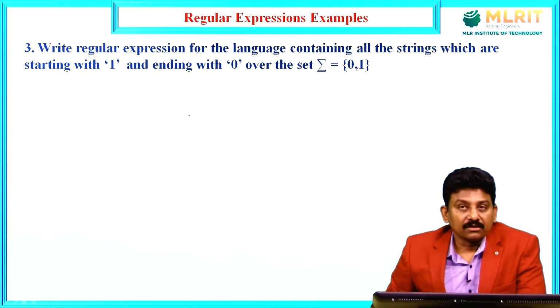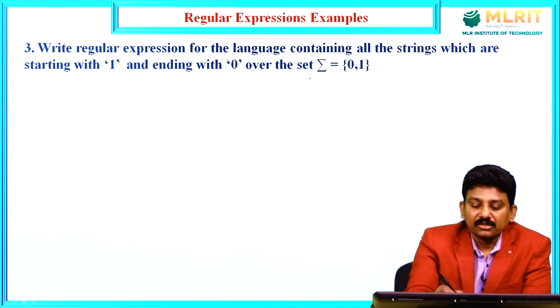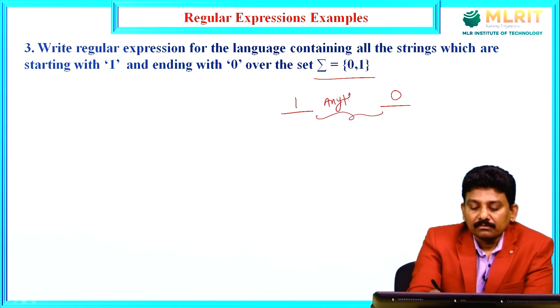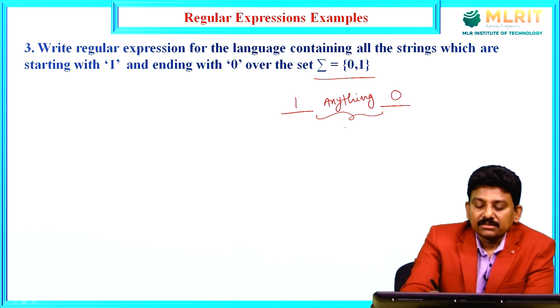Next, write a regular expression for the language containing all the strings which are starting with 1 and ending with 0 over the set {0, 1}. Here the input alphabet is 0, 1. The string begins with 1, starting with 1 and ending with 0. Between the first symbol and last symbol, anything. Anything means combination of zeros and ones.